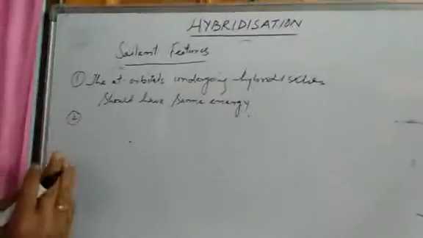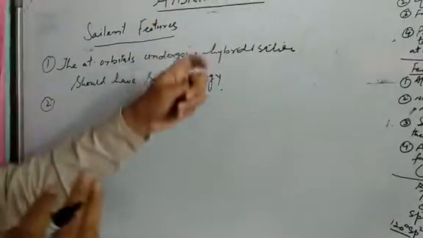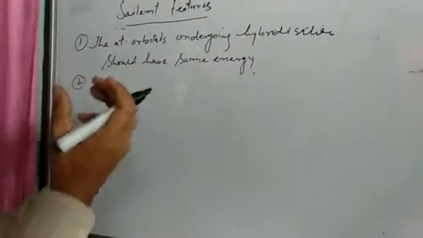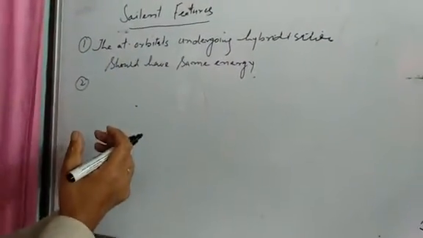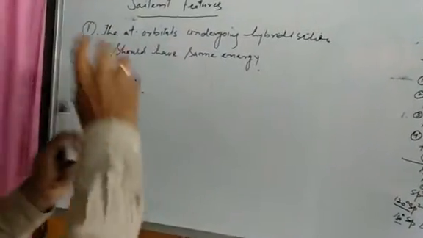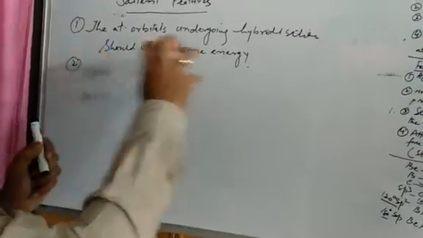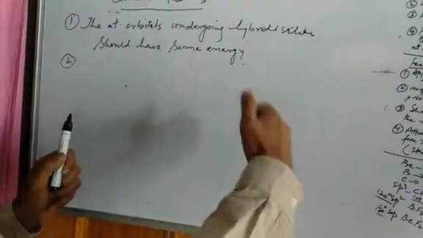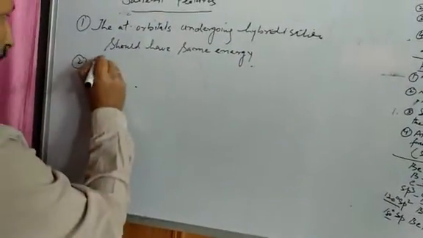Then when atomic orbitals hybridize, the new orbitals so formed, called hybrid orbitals, should be equal in number. That is, the number of hybridizing orbitals must be equal to the number of hybrid orbitals.